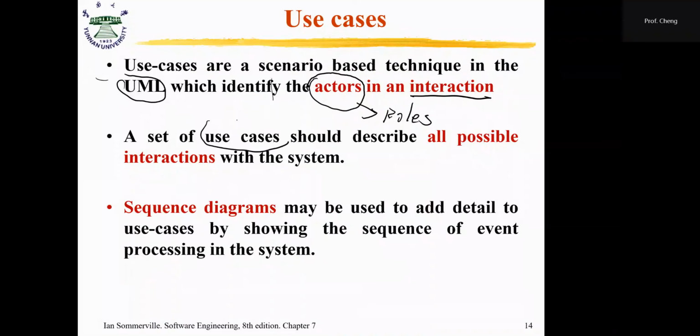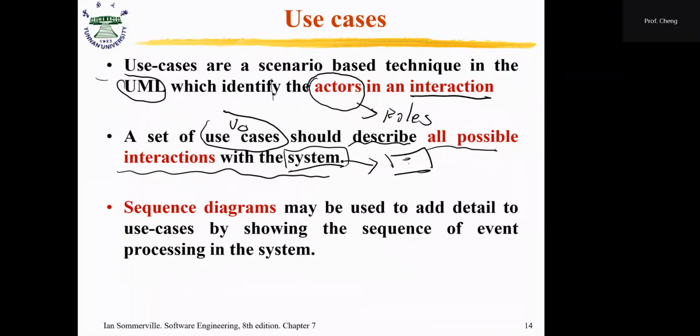This one, you see, should describe all possible interaction with the system. Normally with the system in the UC, we interact with function F1, F2, F3, like this. And beyond the user cases, we can draw some sequence diagram to describe the user cases in more detail.